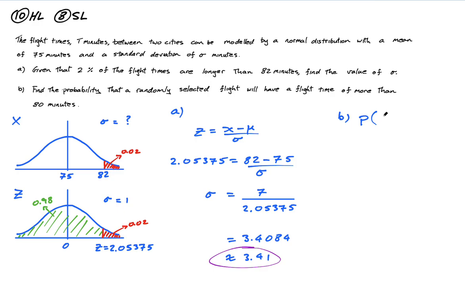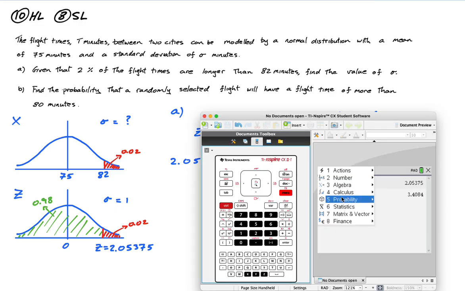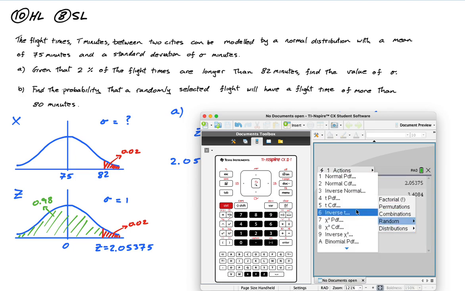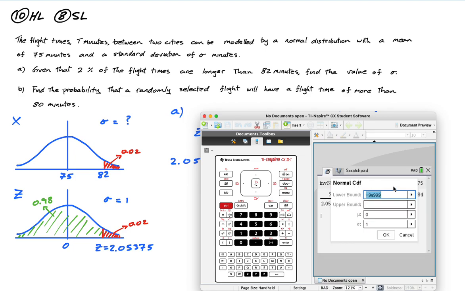So the probability that t is greater than 80 equals, I'm going to do menu, probability, distributions, normal CDF. My lower bound is now 80, and my upper bound is basically infinity, but I'm just going to put 9999999.